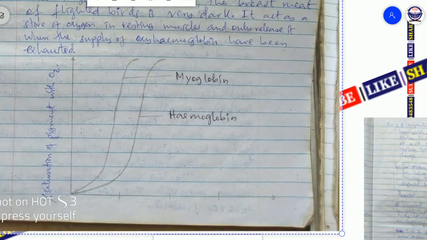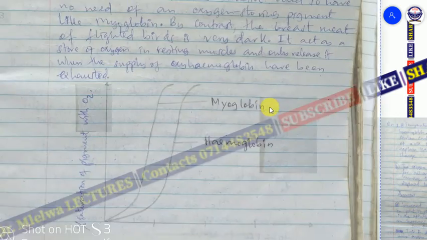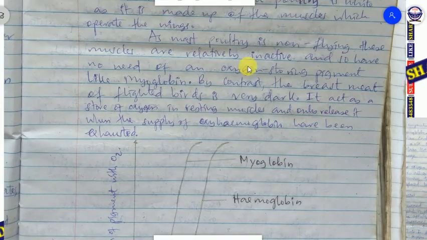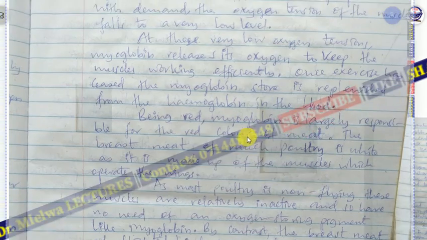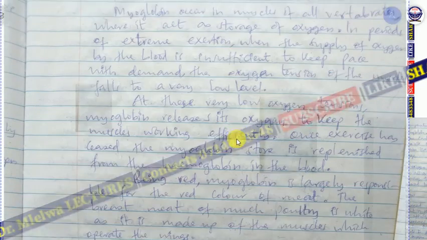Sometimes when you are asked to explain the relationship or the nature of this pigment, it is very important to know how the oxygen dissociation curve appears.